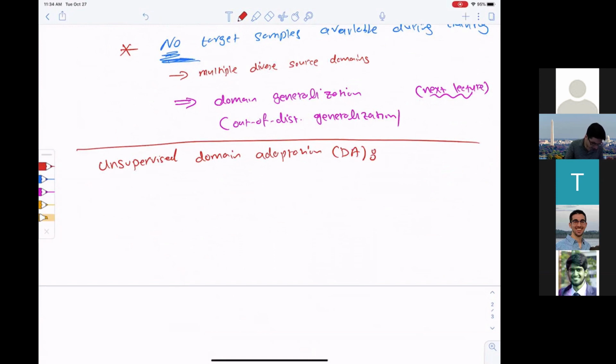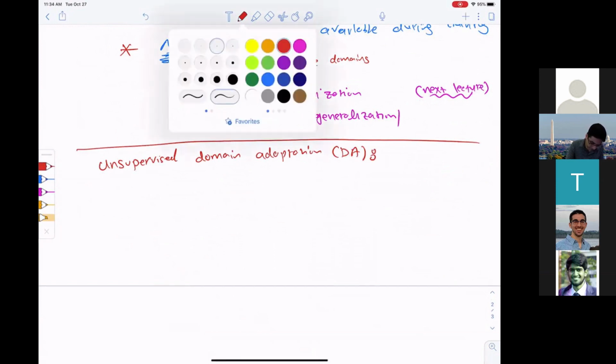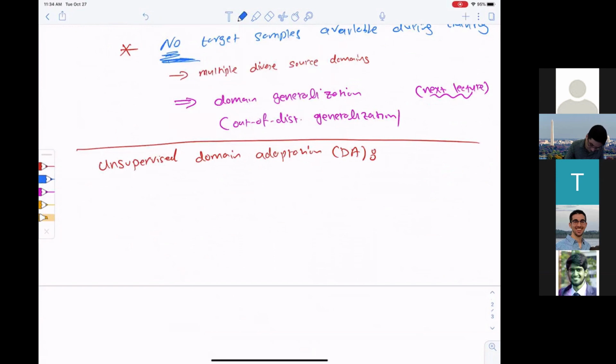Okay, so this is the problem setup that we are given. For simplicity, I'm going to assume the number of samples coming from source and target are the same.